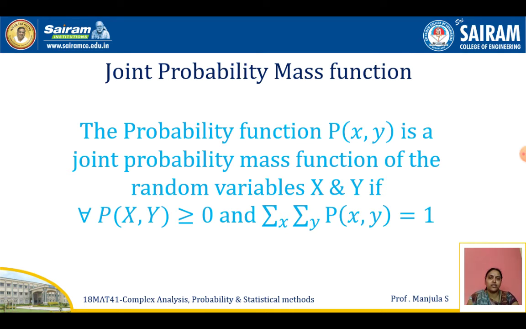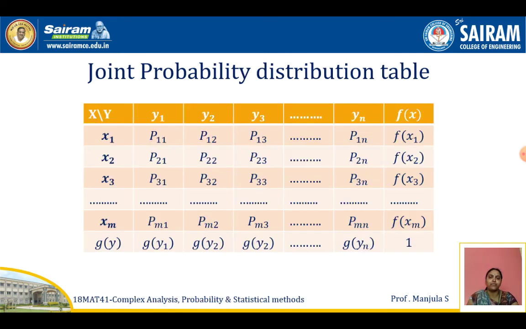The second condition is if you take the sum, you should get 1. That is, P of x comma y is greater than or equal to 0 and summation of x, summation of y, P of x comma y equals 1.